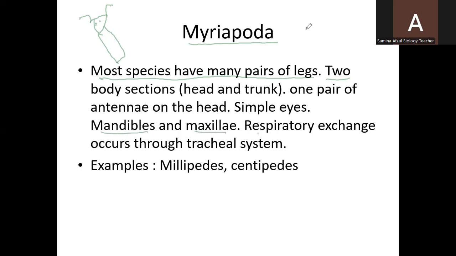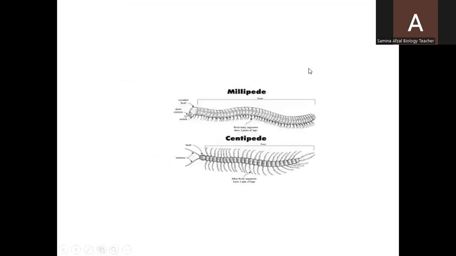Respiratory exchange occurs through the tracheal system, with the help of which respiration takes place in them. The examples are millipedes and centipedes. Millipedes have a pair of feet after every millimeter distance on the body, and centipedes have a pair of feet after every centimeter.